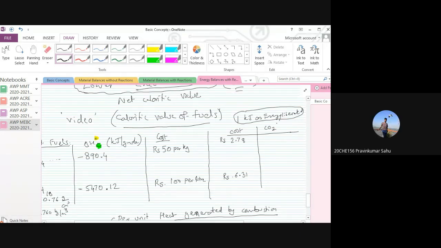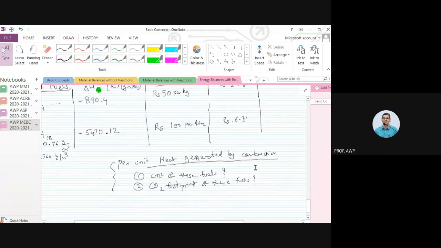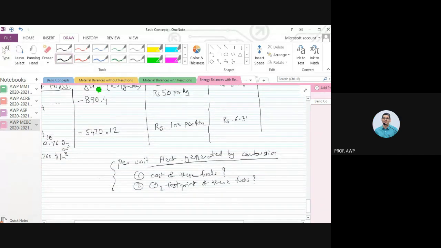Okay, sir, I thought I have to give it in tons per metric ton. No, why? We are talking about per unit heat generated by combustion. CO2 footprint is per unit energy generated, no? So CO2 footprint would be in terms of kgs of CO2 per kilojoule of energy generated by combustion.